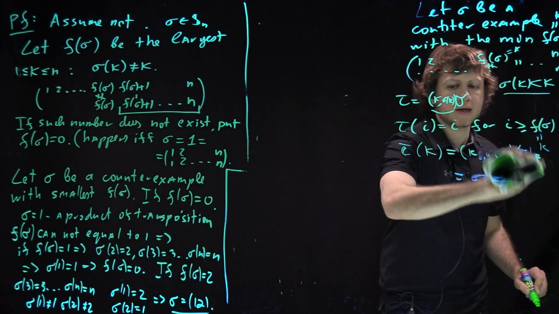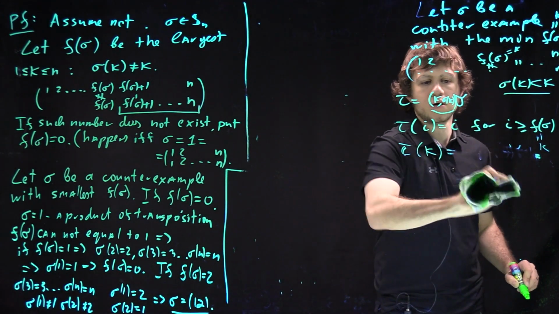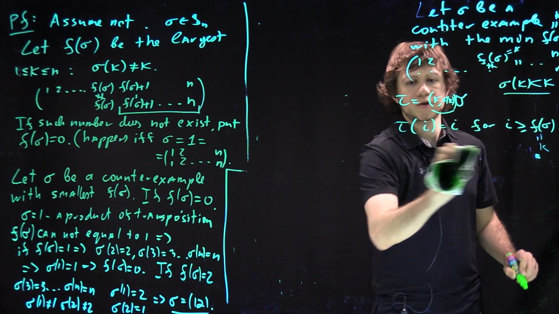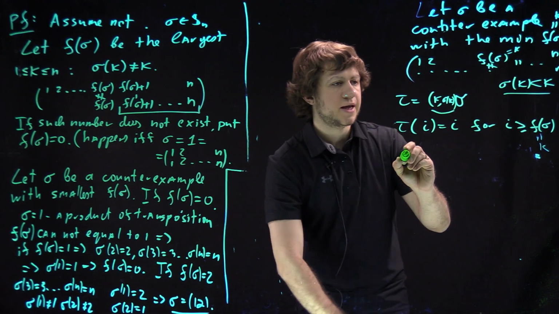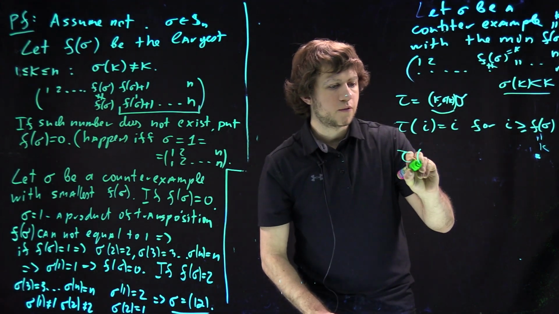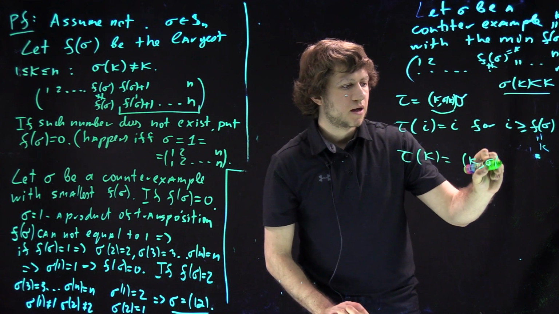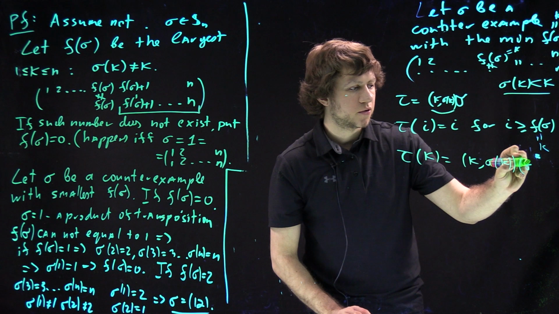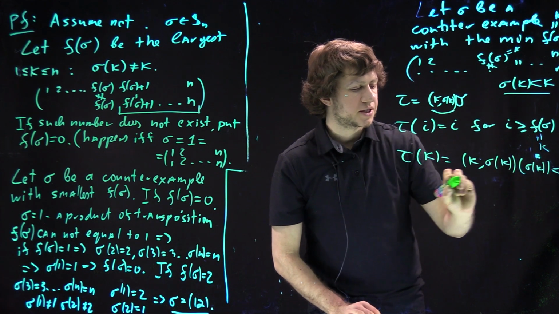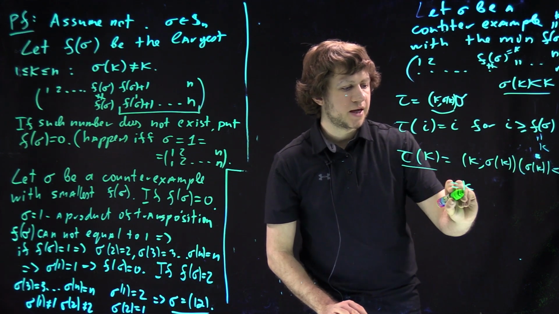What I wanted to say is that if we take tau of k, then it equals the transposition k sigma of k applied to the element sigma of k, but this of course sends it to k, and so tau of k equals k.